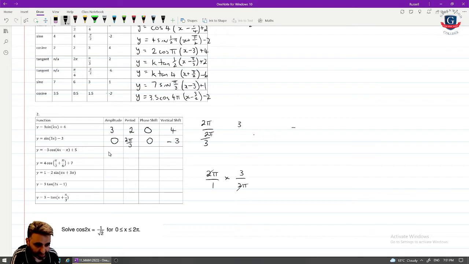Let's do the next one. Negative 3, phase shift of negative pi, or is it going to be positive pi? It'll be positive pi. Opposite of what happens. Vertical shift is 5. Now we start with 2 pi. We want 4.